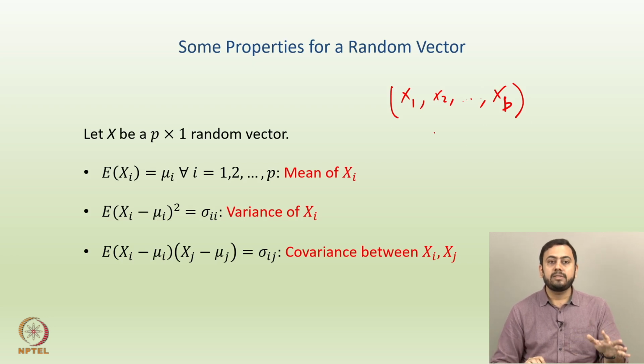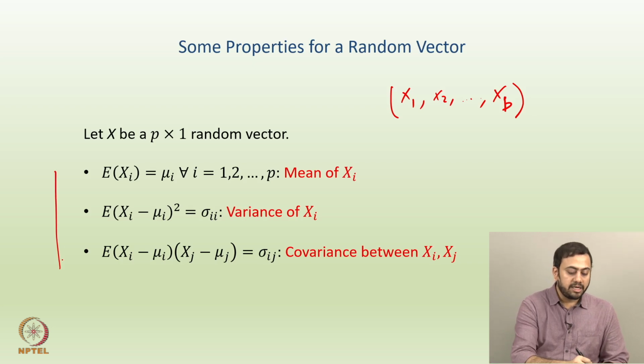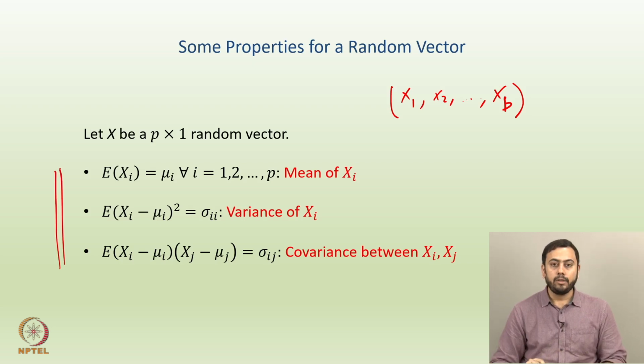Okay, so let X be a p cross 1 random vector, and these are some properties of the random vector. Expectation of xi: if you take the expected value of any of the elements of the random vector, it is equal to mu i for all i. This denotes the mean of the corresponding xi, right?